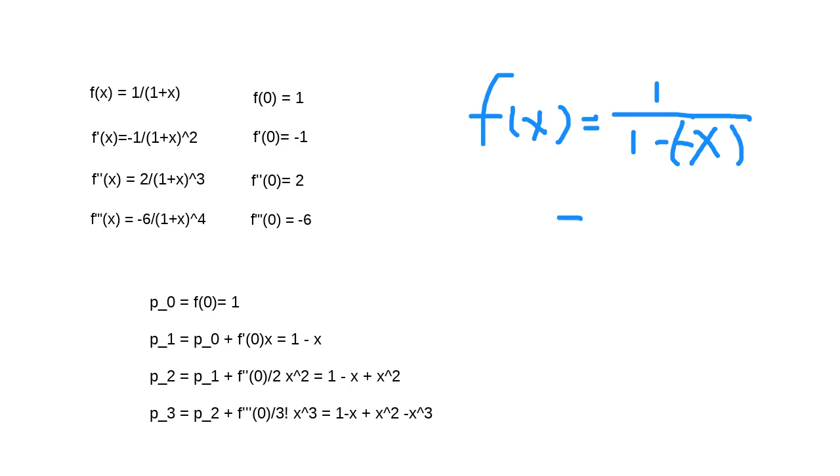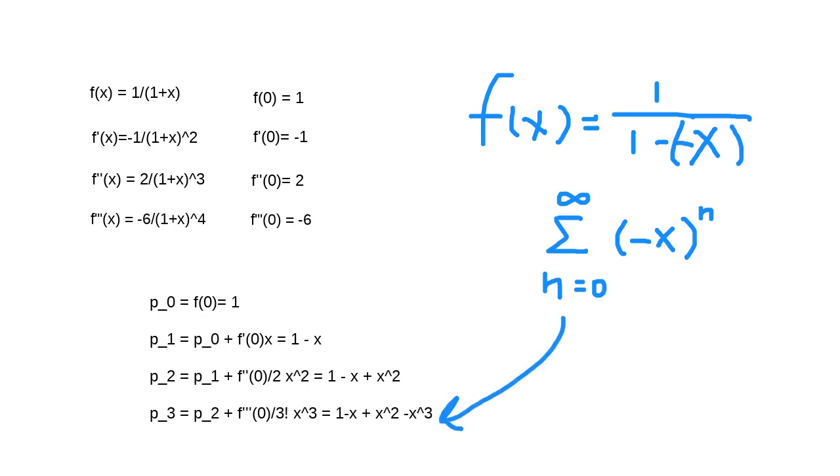Then we can write this as the sum from n equals 0 up to infinity. We only need the first couple of terms, right? Then negative x to the nth power, and we want to start from 0.